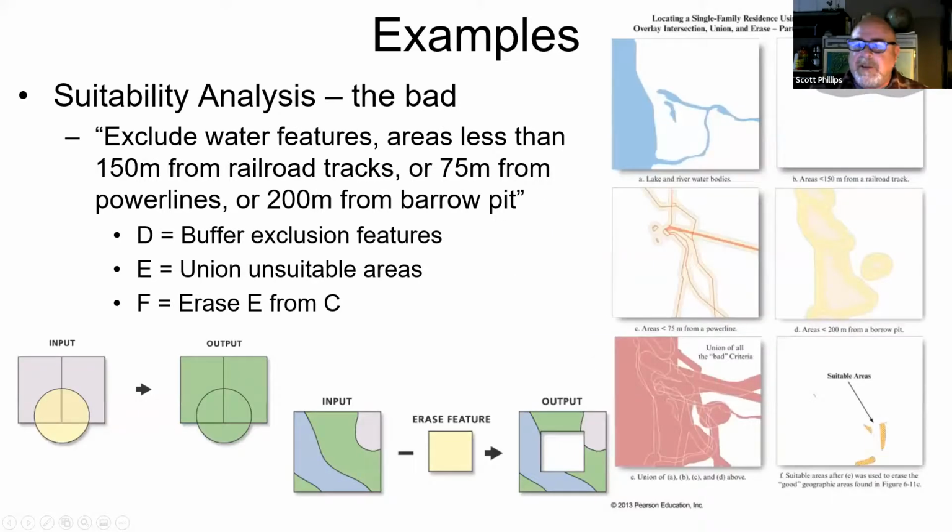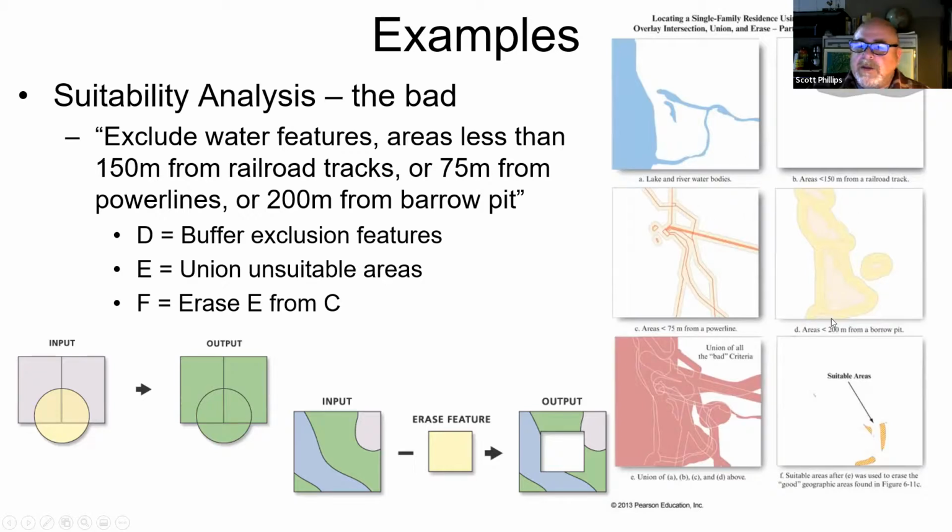We can also exclude things, like the bad. Let's say we want to exclude water features, areas less than 150 meters from railroad tracks, or 75 meters from power lines, or 200 meters from a borrow pit, which is some type of feature that we don't want to include. So we take all of the exclusion features and we can create buffers around them.